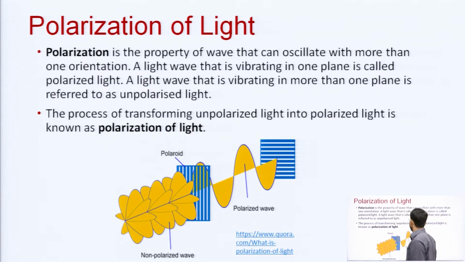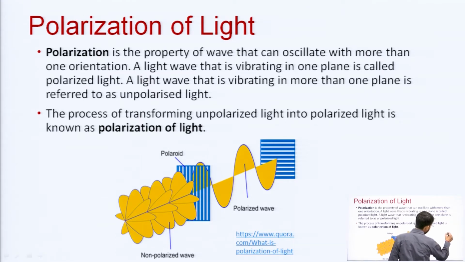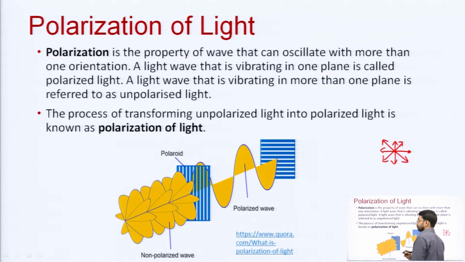For example, if a light ray is coming out of this screen like this, the electric field vector will vibrate perpendicular to the motion of this beam and in all the directions, like this, like this, like this.